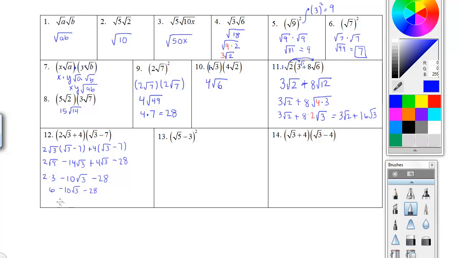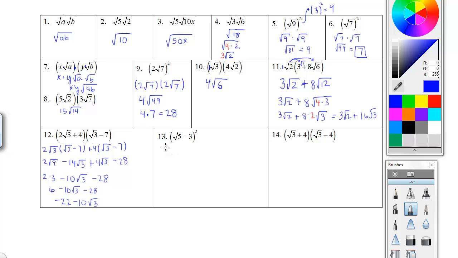And 6 minus 28 is negative 22 minus 10 root 3. And either order on that would be fine. Negative 10 root 3 minus 22 or negative 22 minus 10 root 3.